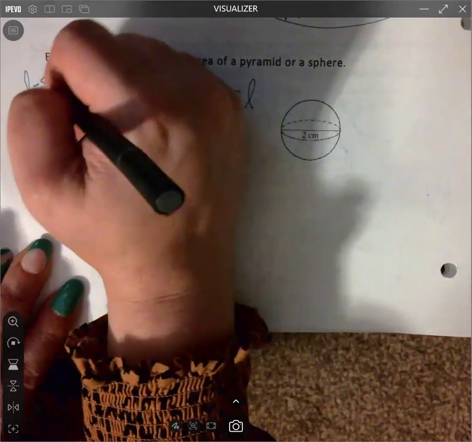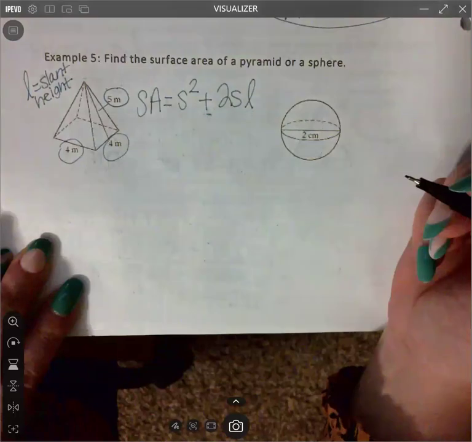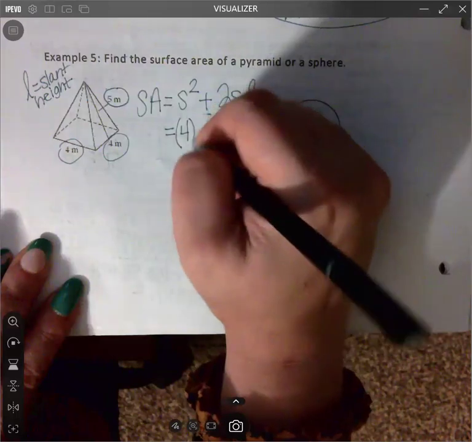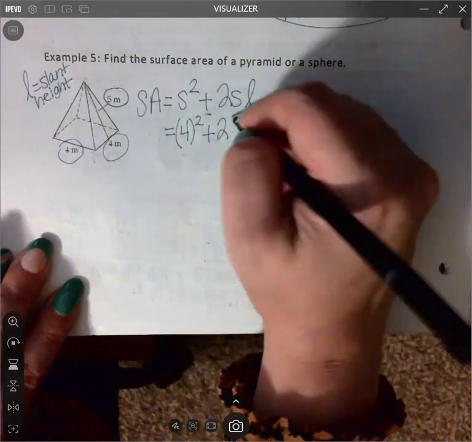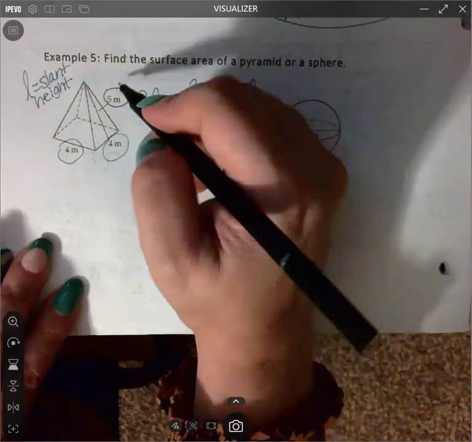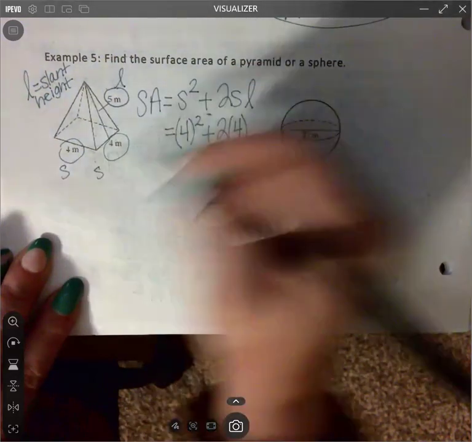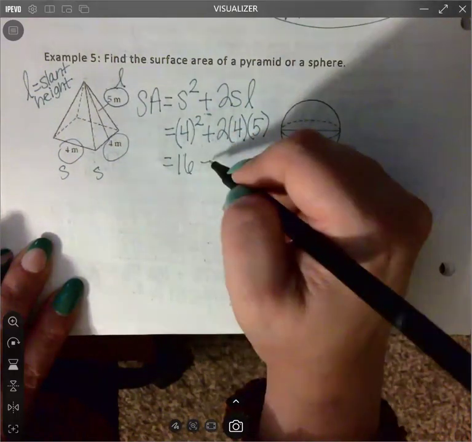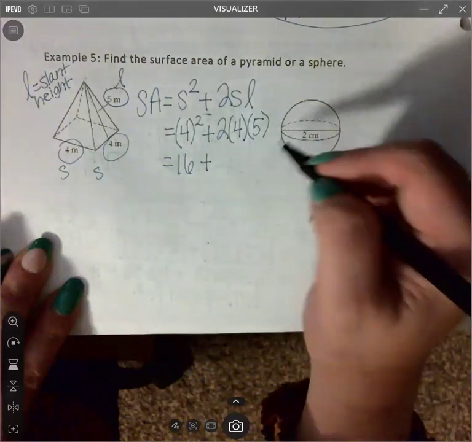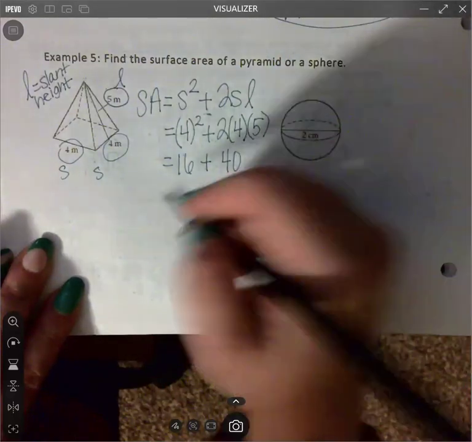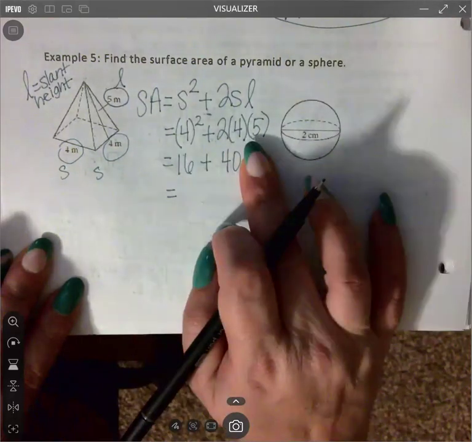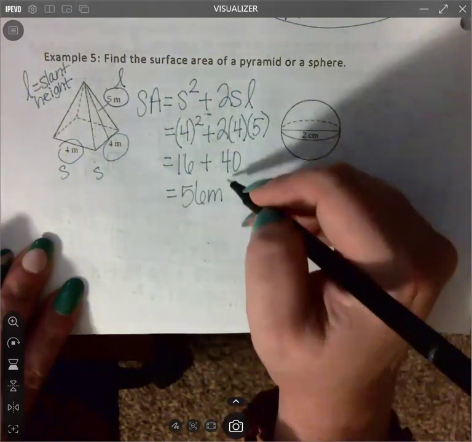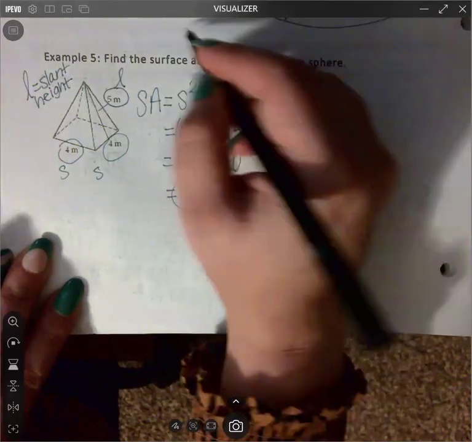We'll have a slant height with a pyramid or with a cone. So our side lengths are 4 squared, 2 times 4, and then our slant height is that 5. So 16 plus 2 times 4 times 5 is 40. Again, we always do each piece and then add together. So 56 meters. This is squared because we're doing surface area.